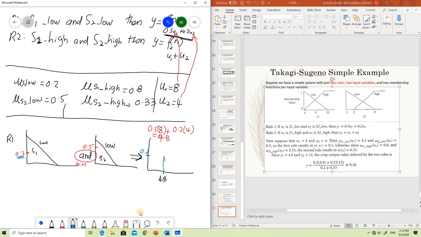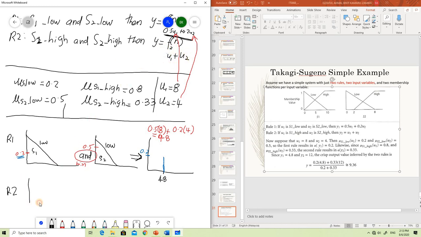Right, it must be a spike, yeah. Okay, you can draw it with a ruler later on. Okay, next we will take a look at the second rule, rule number 2. What is rule number 2? S1 is high and S2 is high, then there's another function, right?